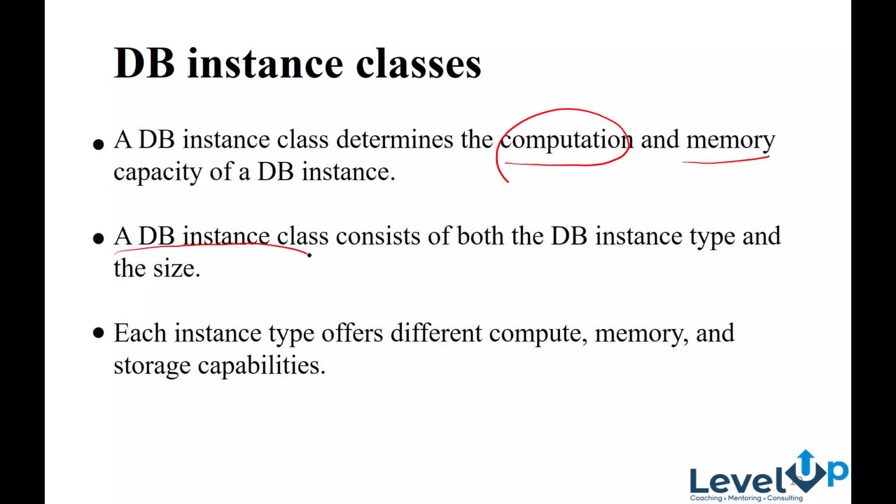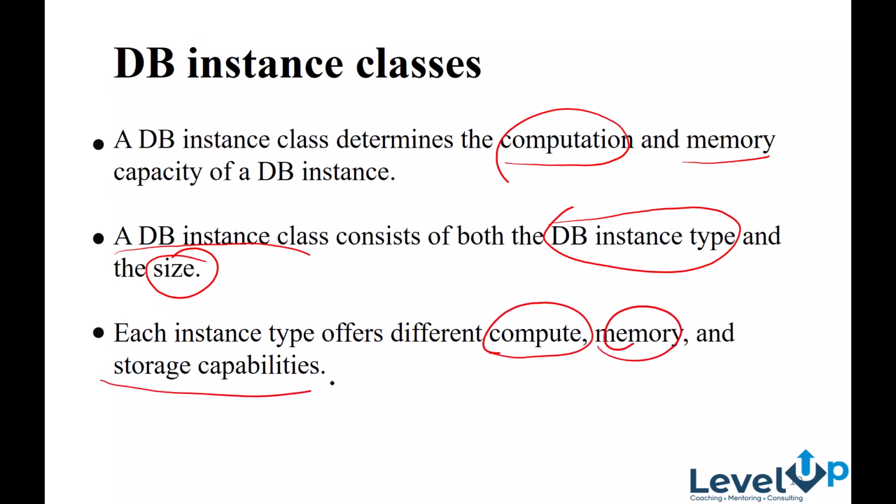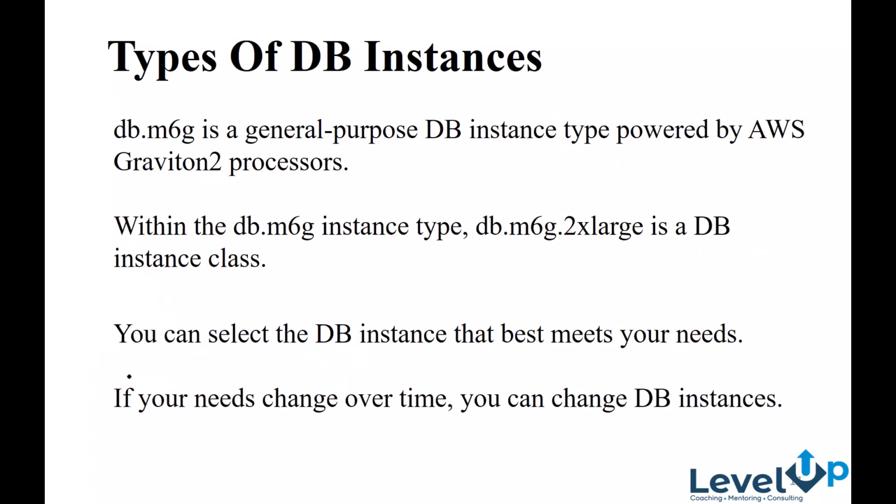The database instance class consists of both the database instance type as well as the size. Each instance type offers different compute, memory and storage capabilities. So based on the configuration you're looking for, we can choose that.